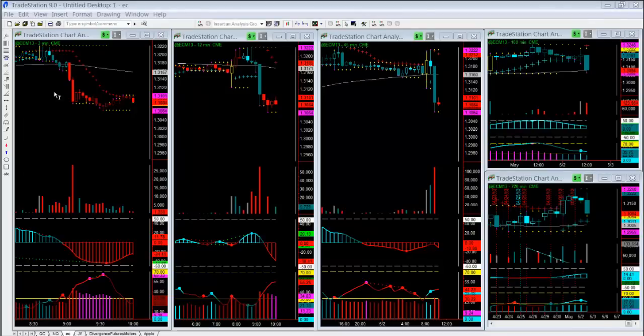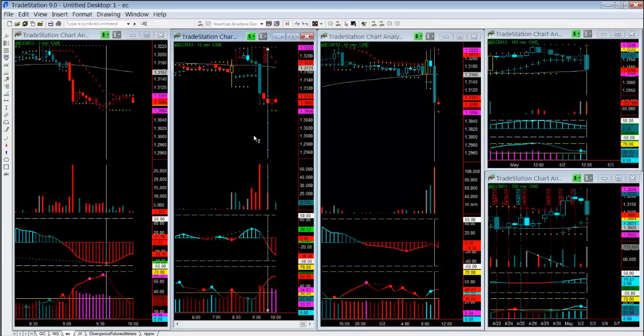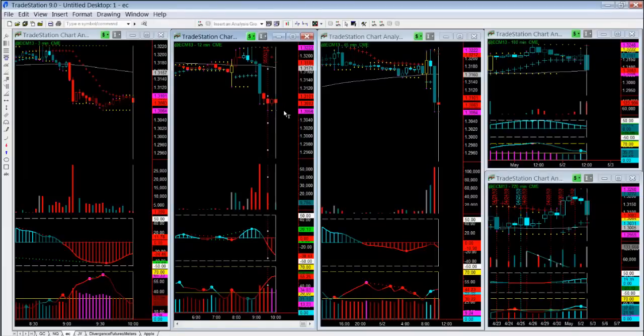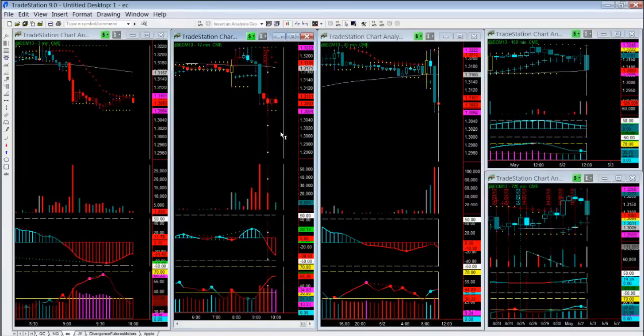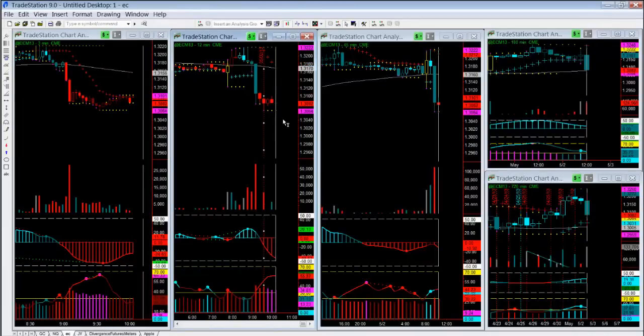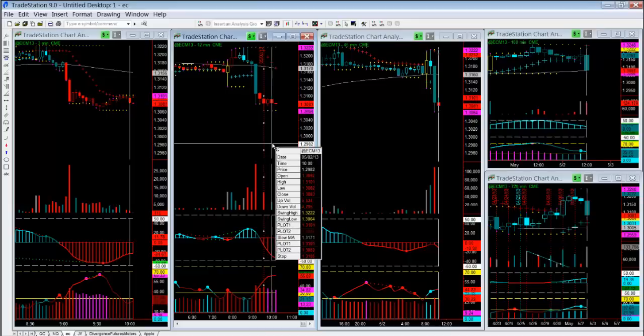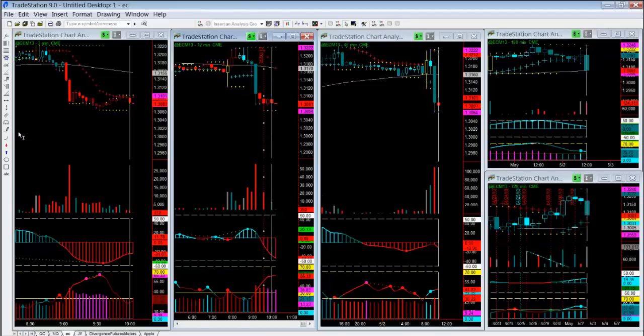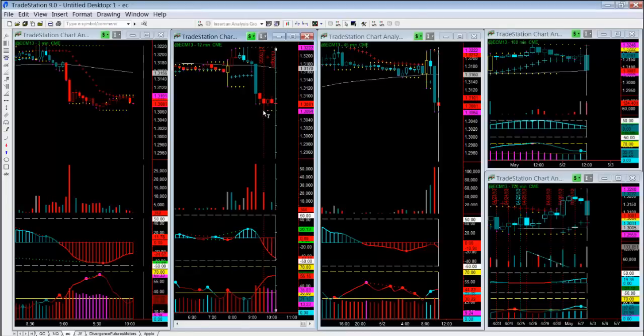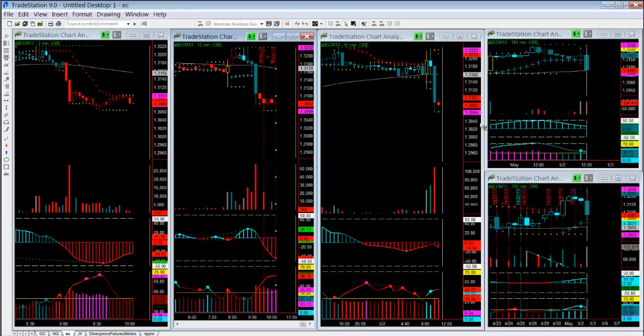The lower the better. 12 minute. You just had a test for buyers. What was the result of the buyers? The result of the buyers was they're really not interested right now. So now I'm going to be looking at this bar to see if it takes out this low, and if it does, I want to see an increase in what? In sellers.